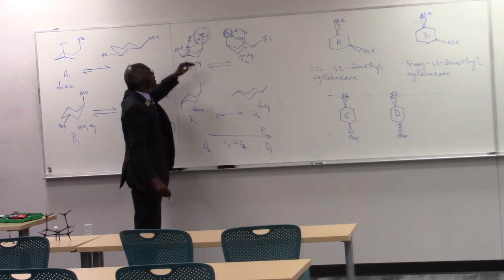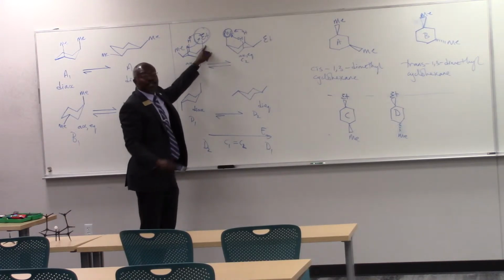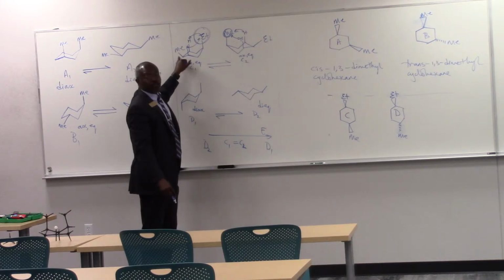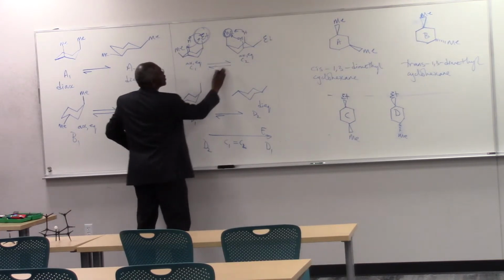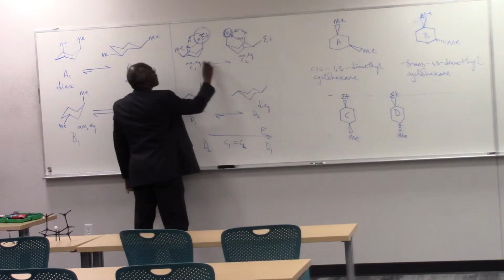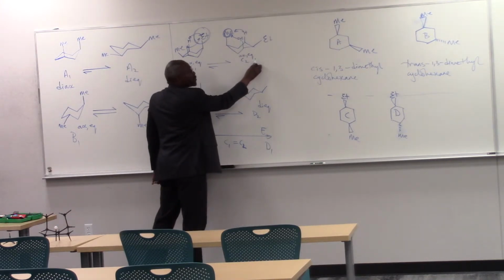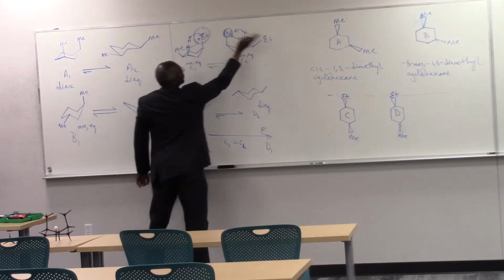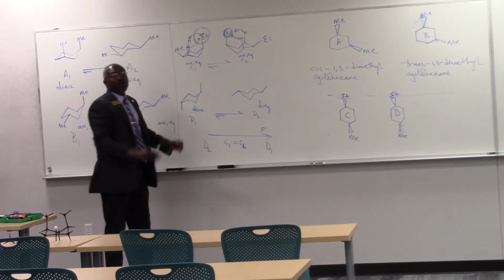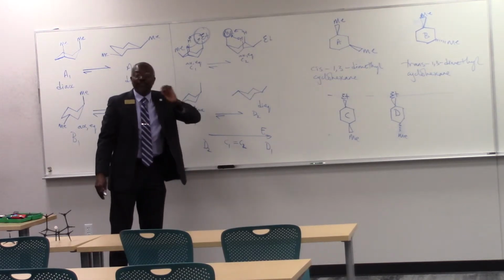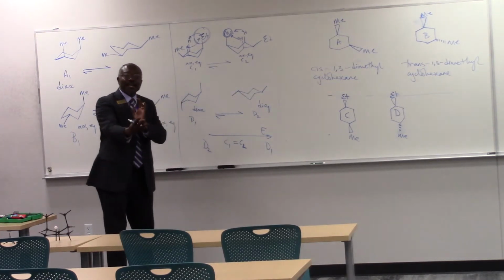Which means the need for this to be equatorial is greater than the need for that to be equatorial. In which case the system shifts so that more of C exists as C2. So you can hide the larger ethyl group in the equatorial position, where there are no 1,3 diaxial interactions involving the ethyl, and that ethyl is staggered to its neighbors.